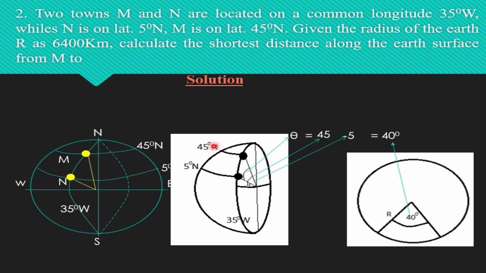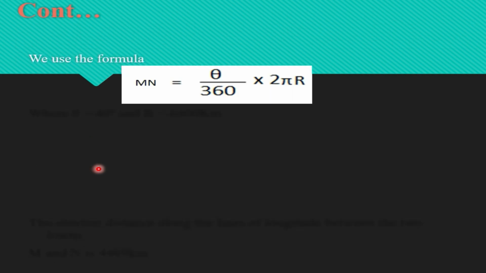So since they are on the same side, we subtract. But if they are on different sides, we add. So let's say latitude 15 degrees south and latitude 15 degrees north, then we add. But if they are both on the same side, south, we subtract. If they are both on the same side, north, we subtract. So take note of that. That's why we have to subtract to get that 40 degrees.